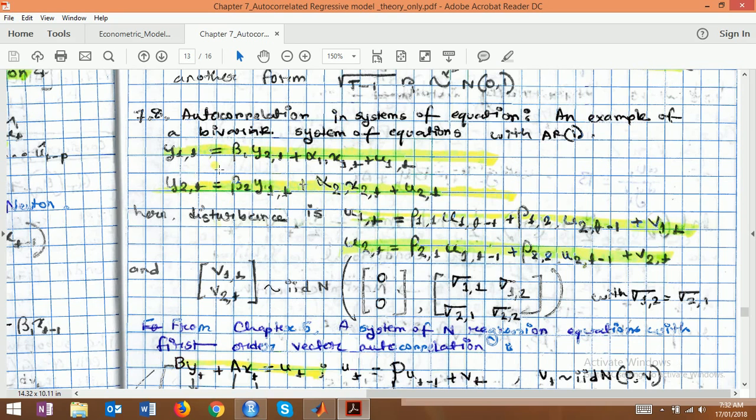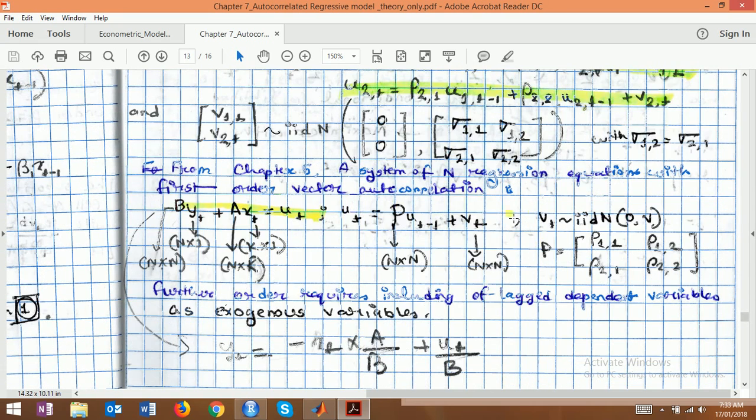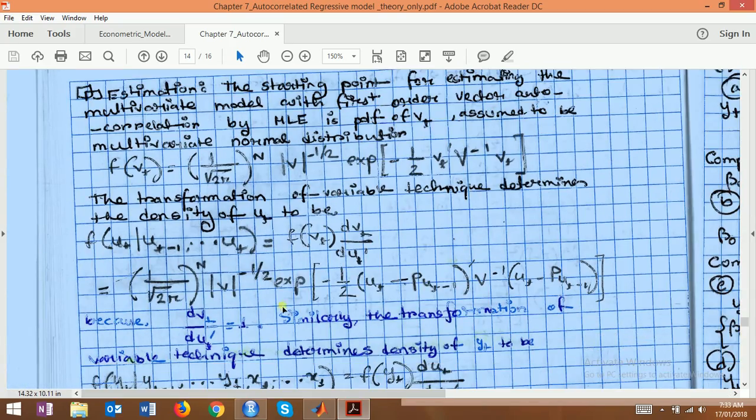If you have multivariate models like y1t, y2t, you have multiple u's and v's, and your v is zero mean and sigma variance, and this is the reduced form if you can recall, where b was n by k, and a was n by k. Remember, rho is n by n, v is n by n. Need to remember the dimensions.